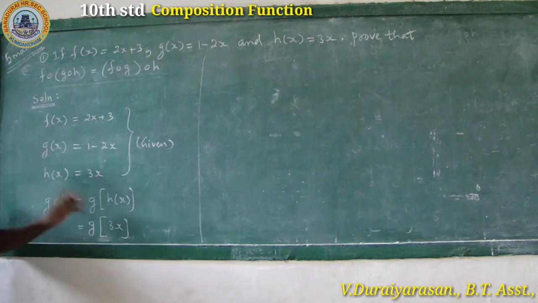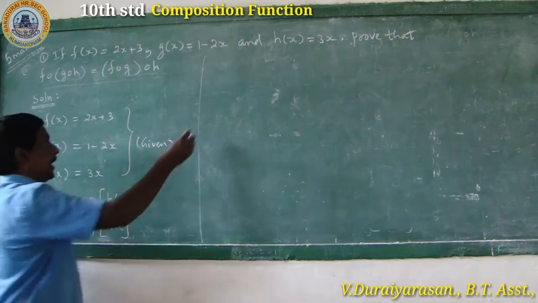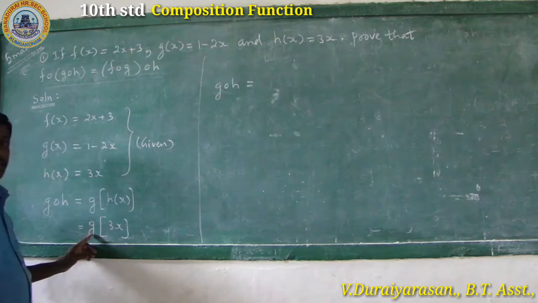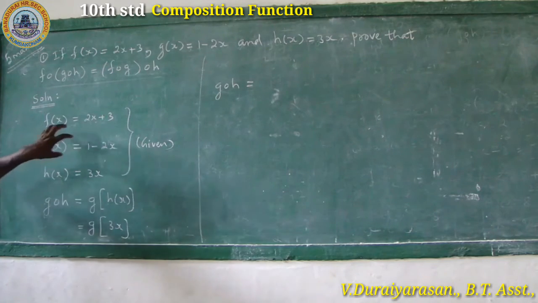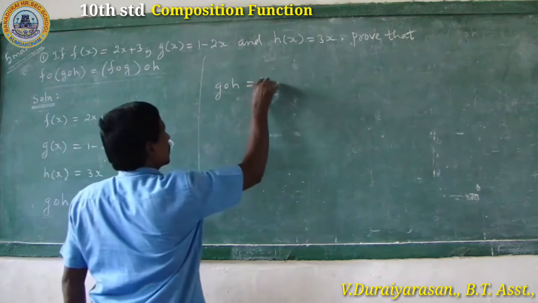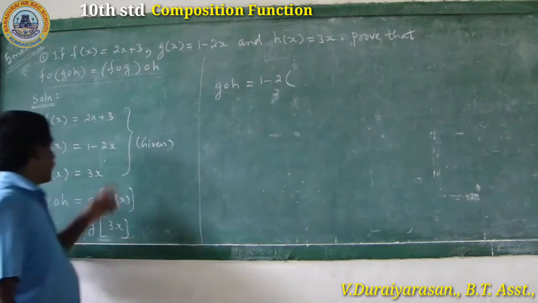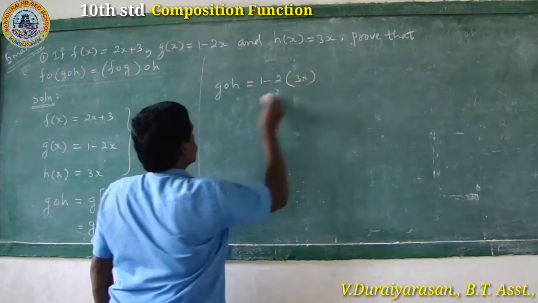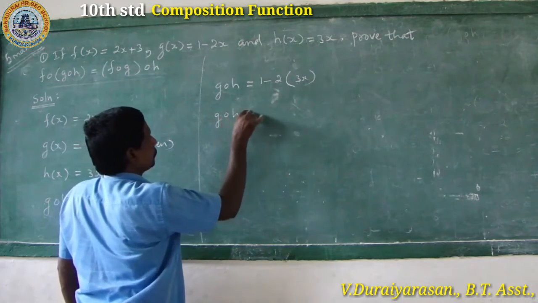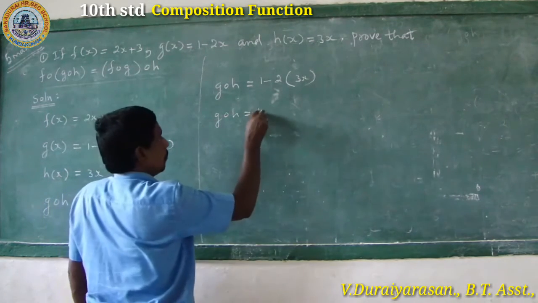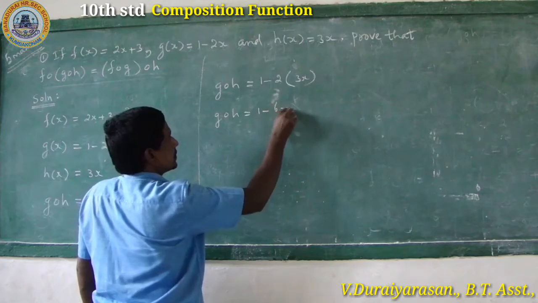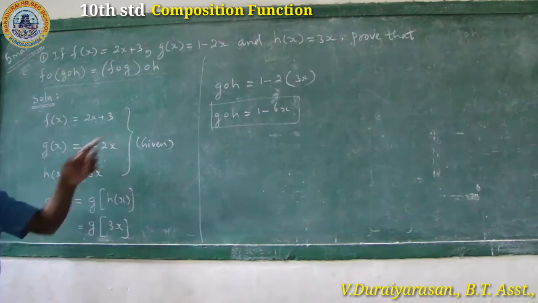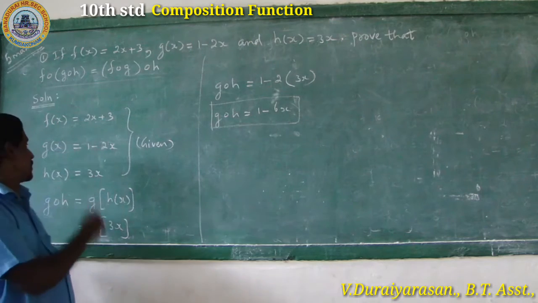So g of x is defined as 1 minus 2 of x, and x is 3x. So g of h is equal to 1 minus 2 times 3x, which is 6x. So g composite h is equal to 1 minus 6x.